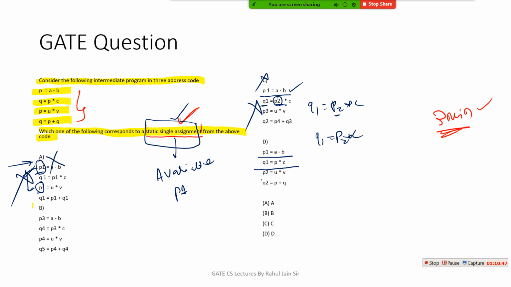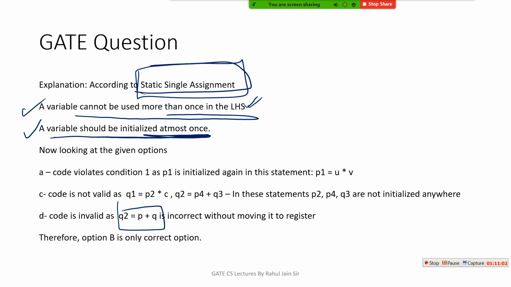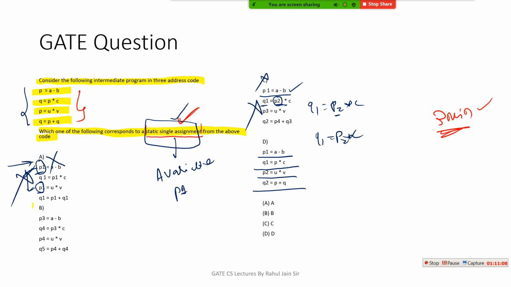Because P2 equals U into V is there, and Q2 equals P plus Q. But if you observe here, in Q2, without moving it to register, we are using it.